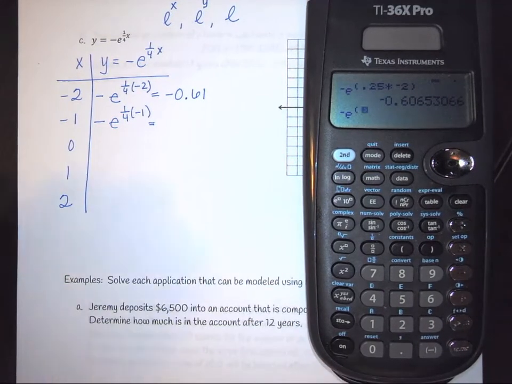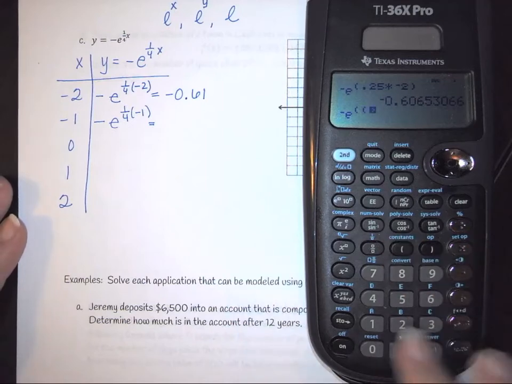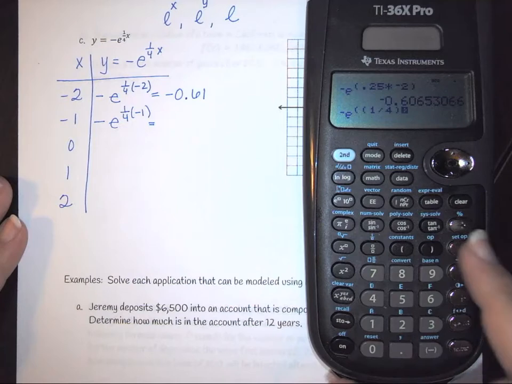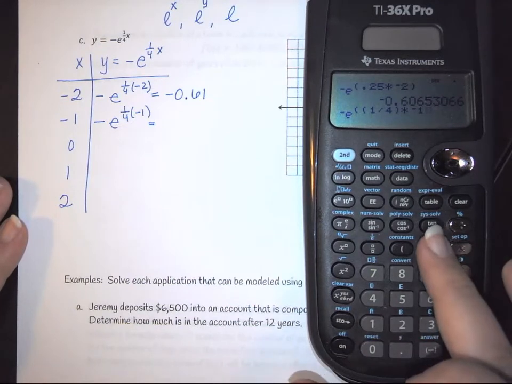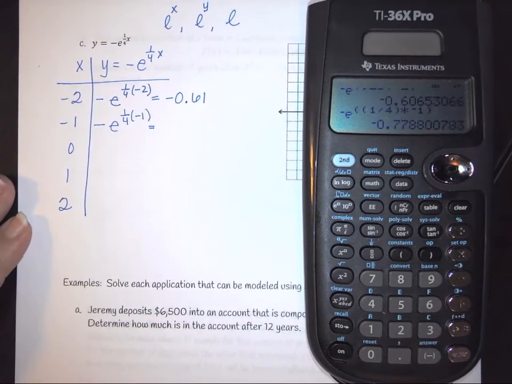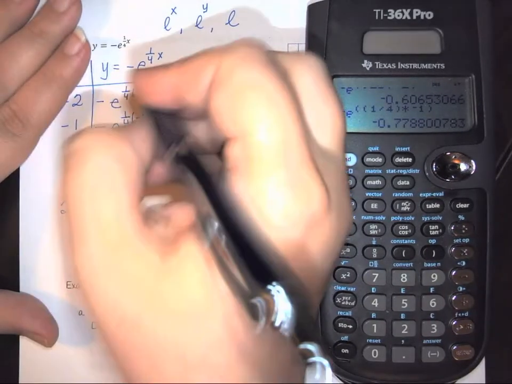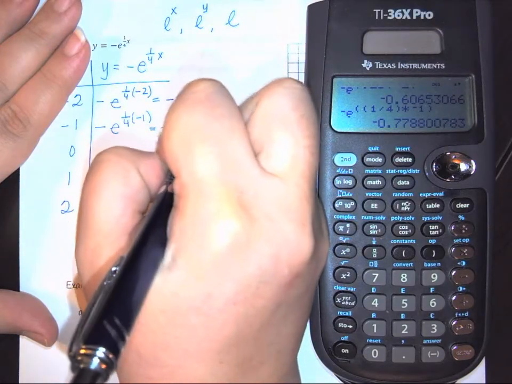And if you don't remember that it's supposed to be 0.25, you would just simply open a second parentheses and do 1 divided by 4, close it, and then multiply by the -1 and close it, and that'll give you your answer. And that'll be the same answer as if you had used the decimal value. So here again we'll round, so this becomes -0.78.